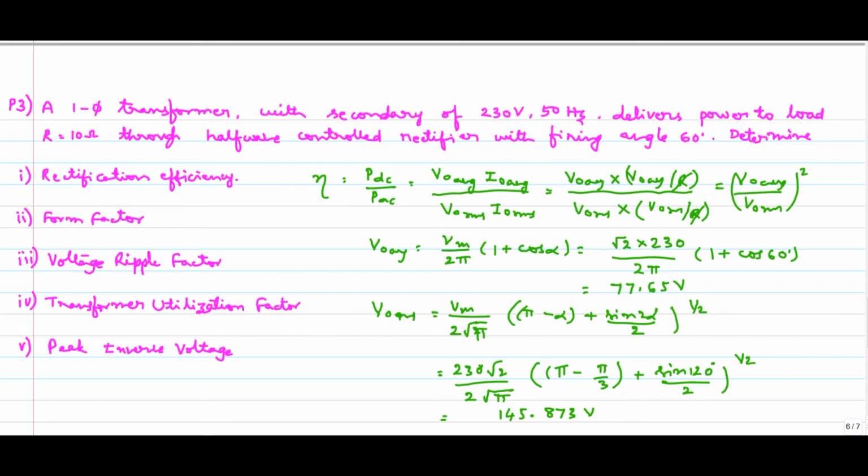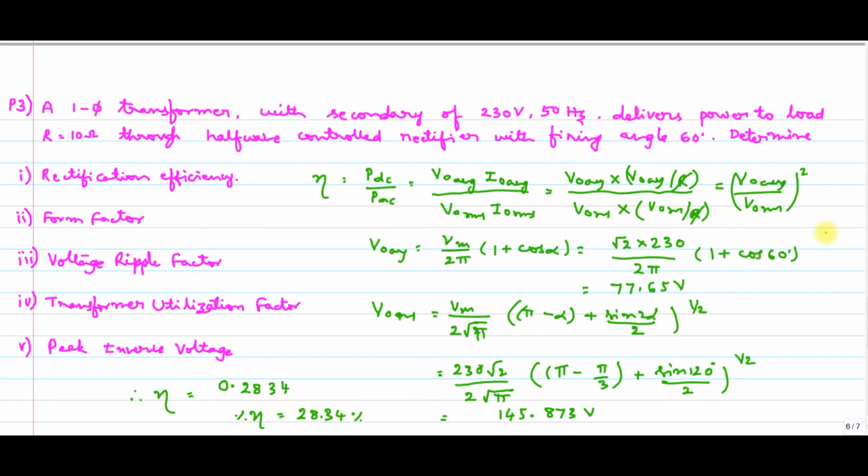The next one is just the square of this ratio, and this will come as the efficiency. The efficiency is 0.2834, so the percentage efficiency comes around 28.34 percent.